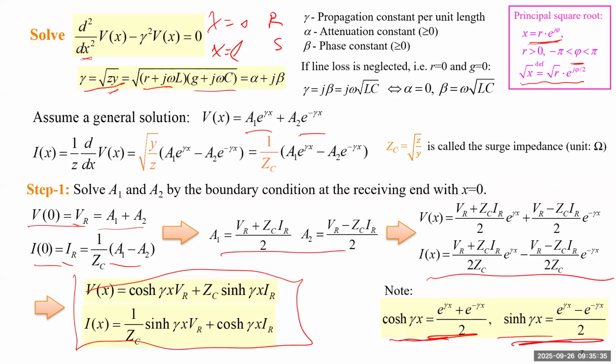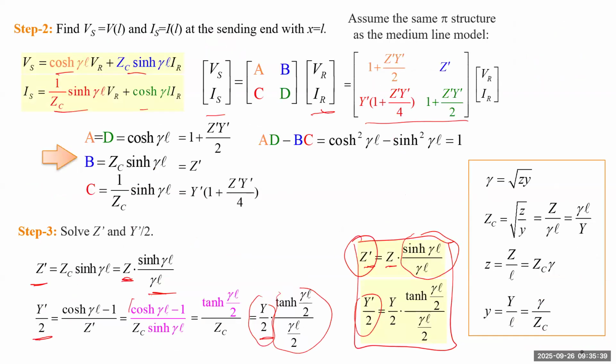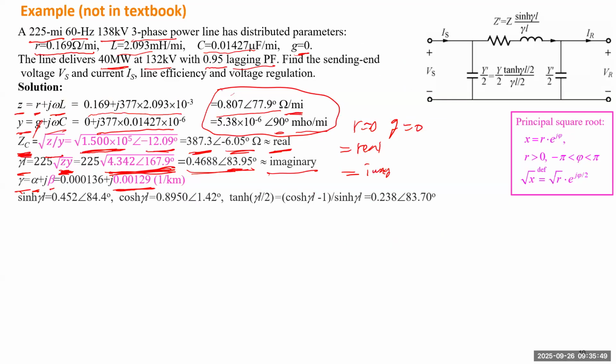Then use another formula to calculate the tanh function for half of gamma L. So come back to this problem. You can get the values of the first two hyperbolic functions, and utilize that formula to calculate the third one.